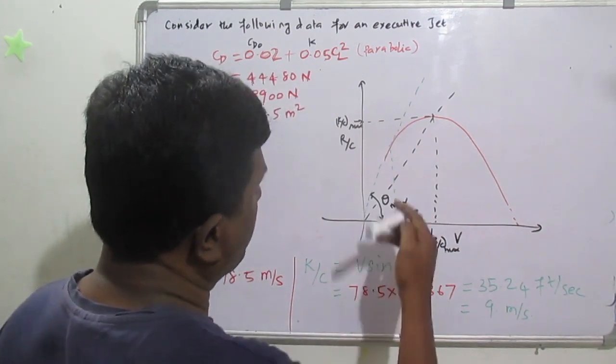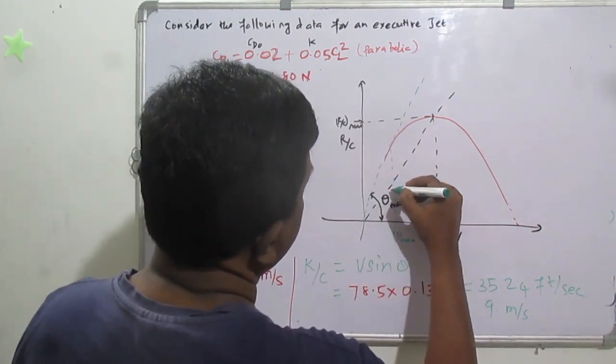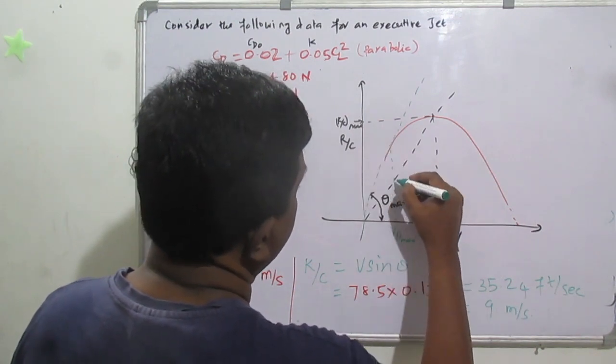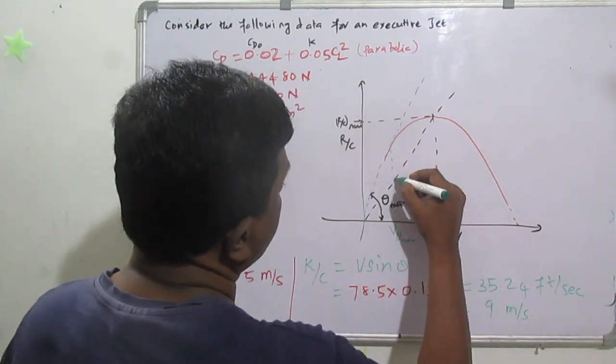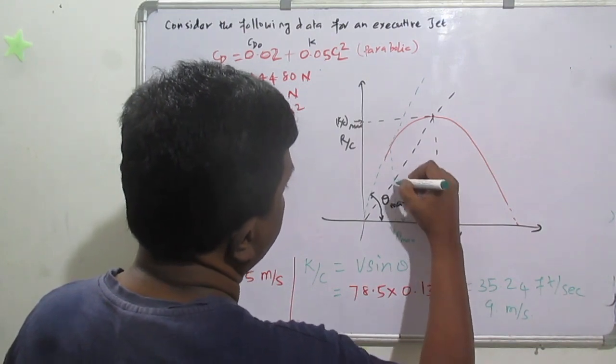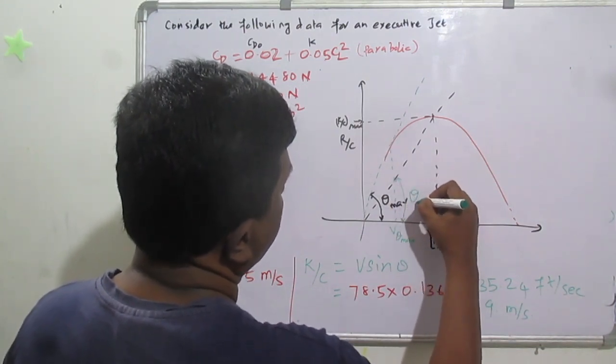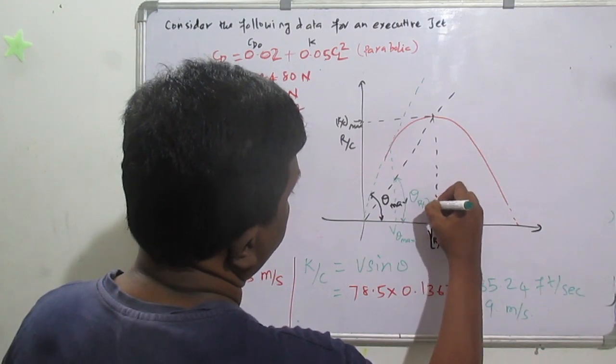The angle of climb for this will be smaller. So for the maximum rate of climb condition, the angle of climb is smaller.